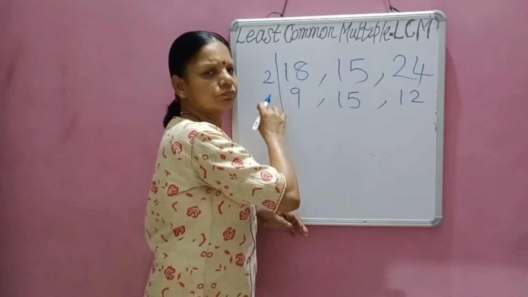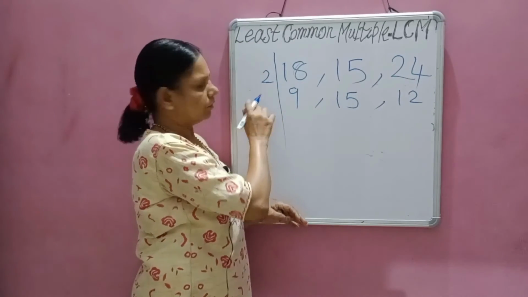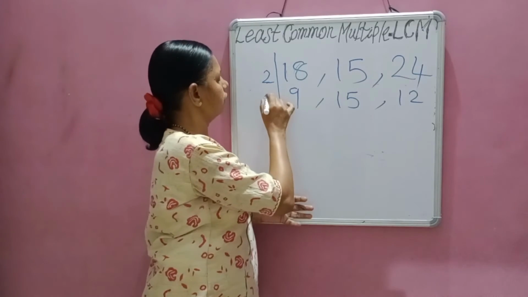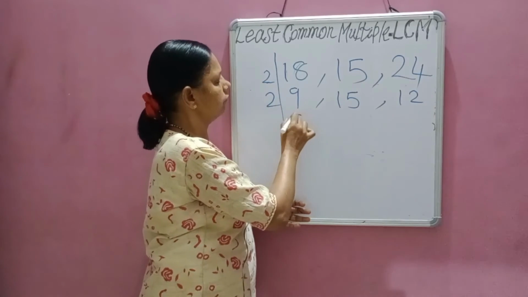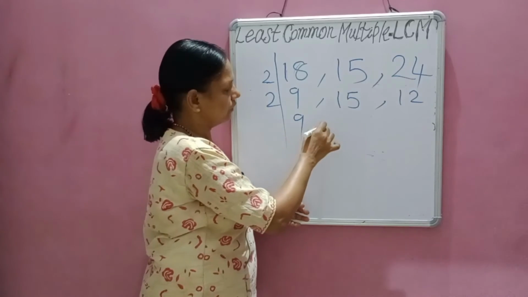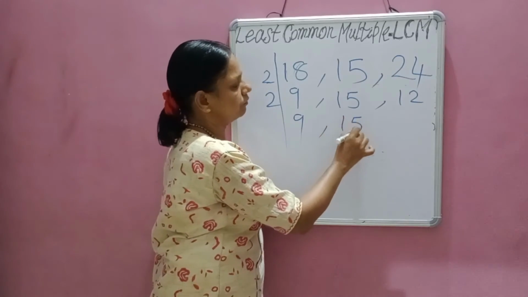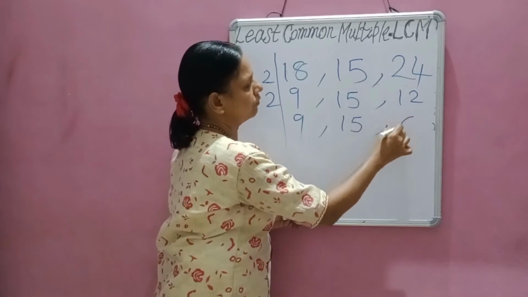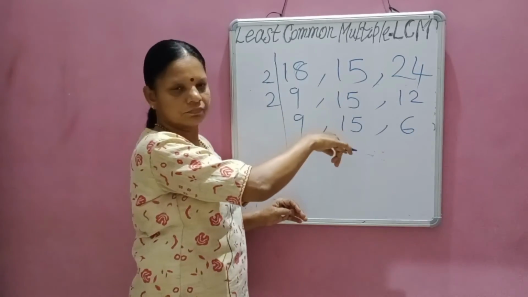Again check for 2. If any of the numbers is divisible by 2, you can take it. So again you write 2. 9 leave as 9 only, 15 also 15 only, and 12 becomes 6.